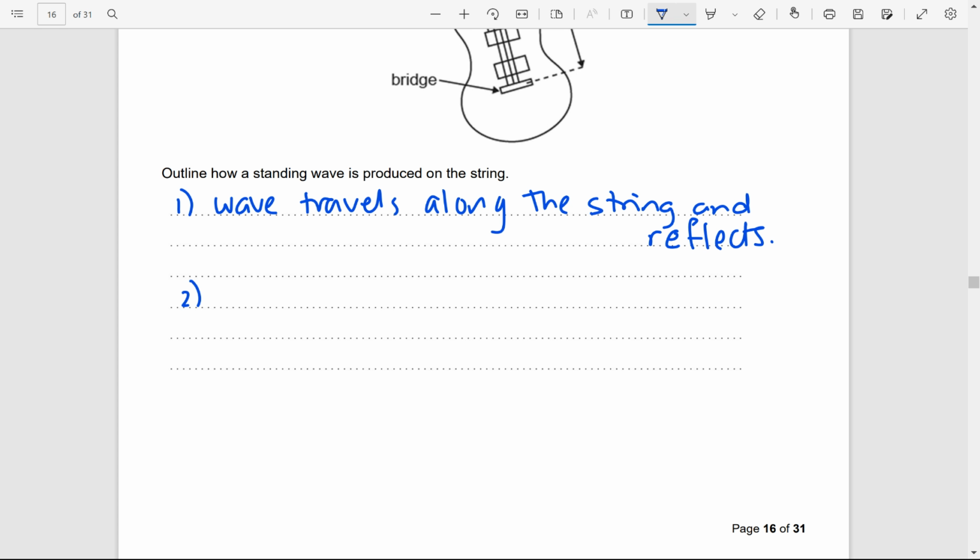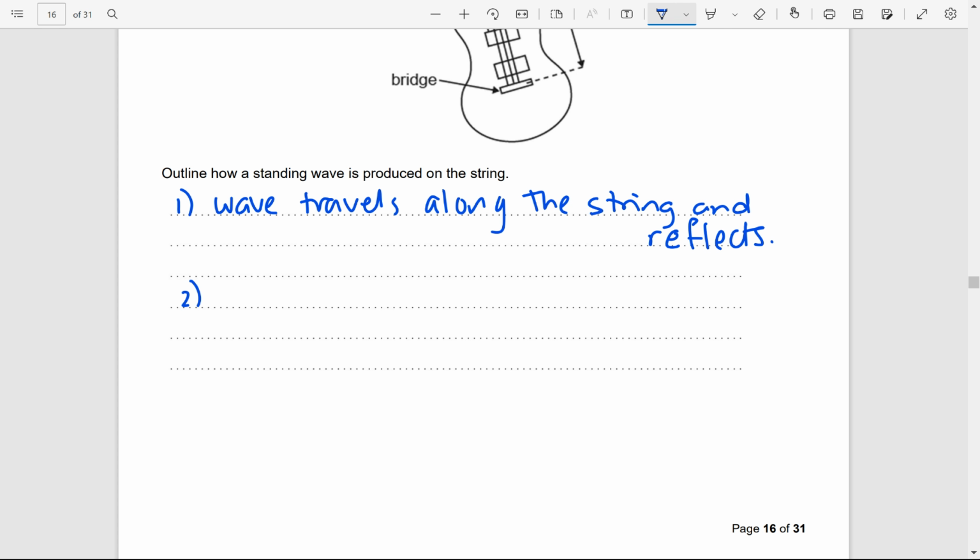The second thing is, now we've got a wave that's incident, passing in one direction, and then we have a reflected wave that's passing towards the incident wave. So we get interference of the incident and reflected waves, and it's good to call them incident and reflected.